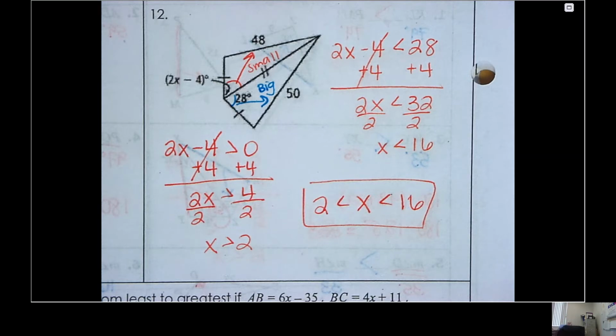Yeah, there you go, good. So always start by making it bigger than 0.